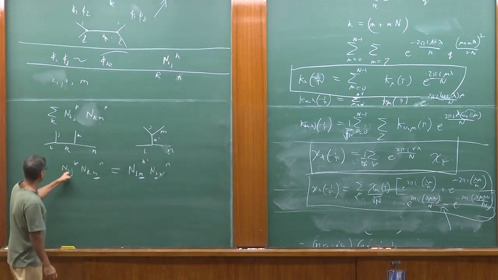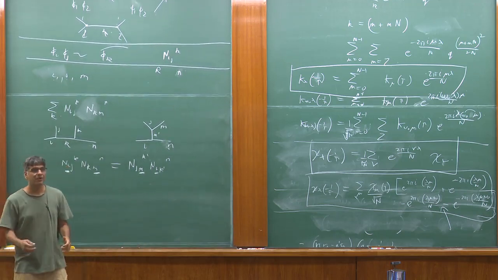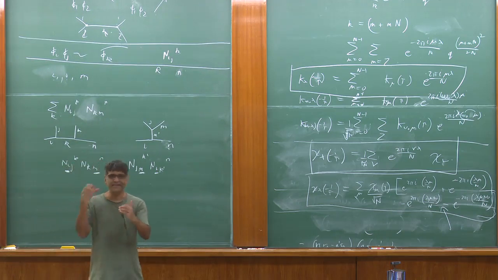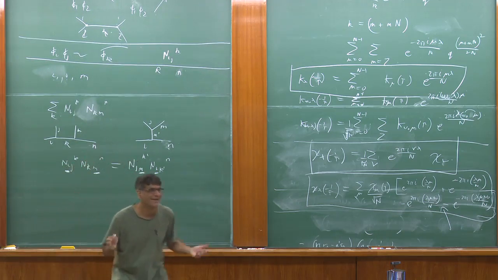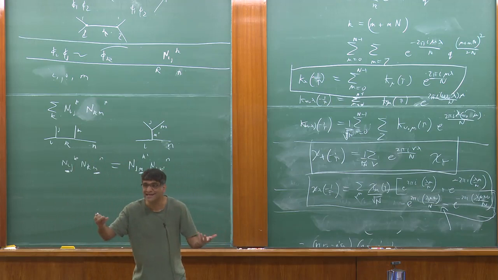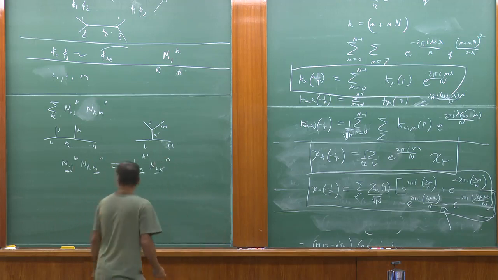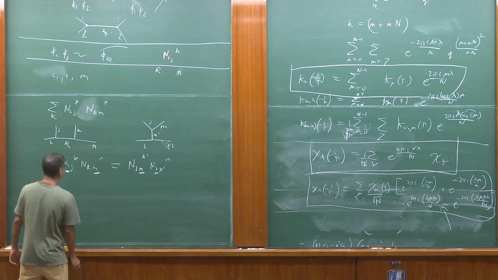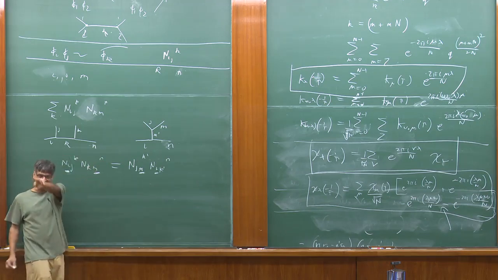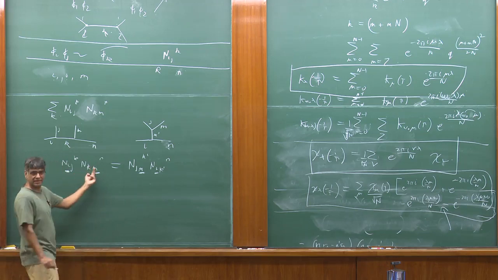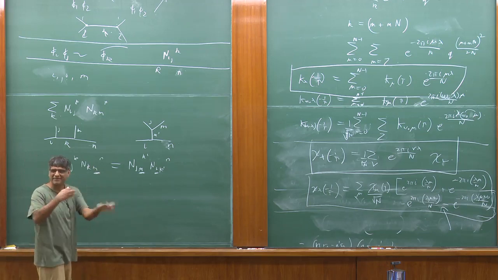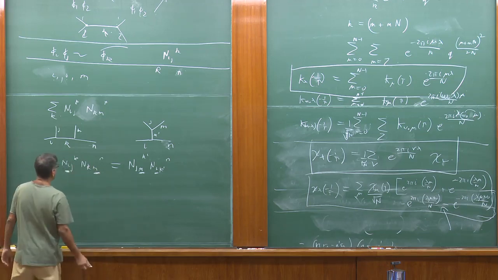Let's choose any one of these indices to label which matrix, and then the other two indices to be the indices of the matrix. Okay? If we do that, because of the symmetry that Rajat talked about, we could write this as MK, KM, same thing.